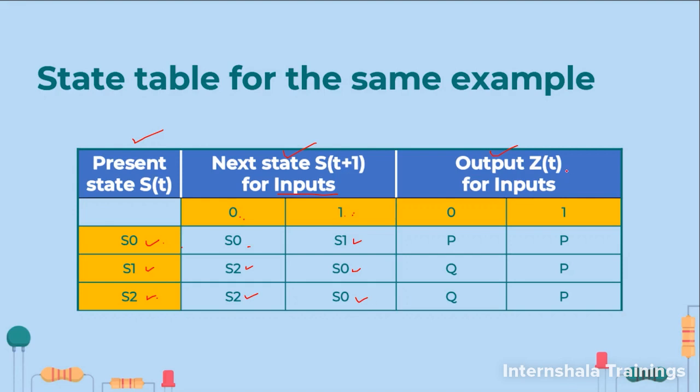Similarly for the outputs as well. If the present state is S0 and the input is 0, the output is P. If the input is 1, then also the output is P. For S1, for 0 the output is Q, but for 1 the output is P. Similarly for S2, for 0 input the output is Q, and for 1 the output is P. We can see that this method is also describing the same state machine in a very different way, but a comprehensive way.